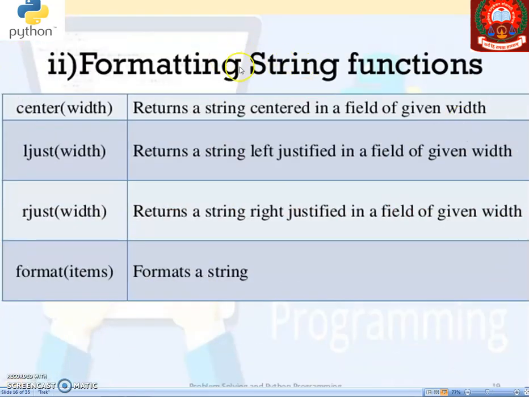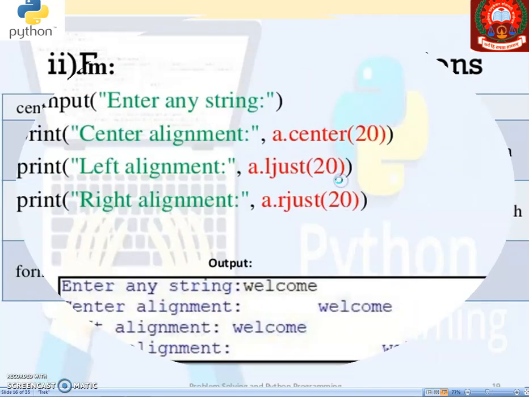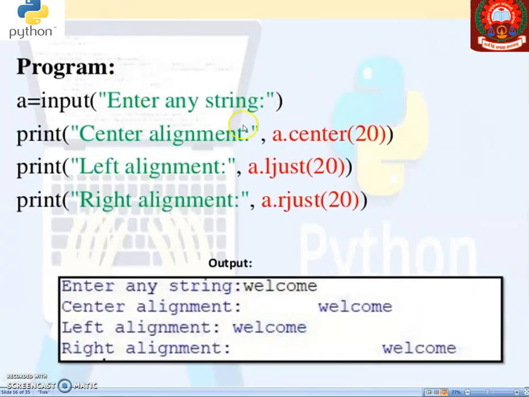Next, formatting string functions, that is center with width, ljust, rjust, format items, meaning formatting a string. So we enter the string: center 20, left justified 20, and right alignment, rjust 20. What we have done is we have entered the string welcome.